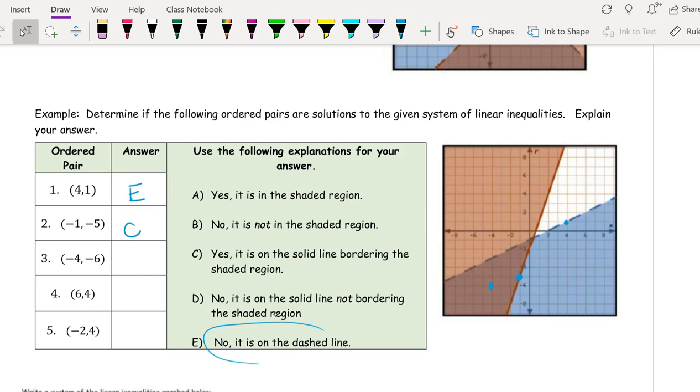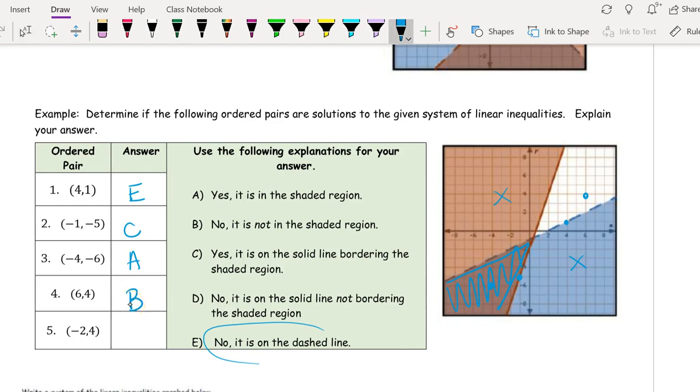Negative 4, negative 6. So here we are down here. Now it's kind of hard to see, but this is the first graph. This is the second graph in blue. This is the overlapping region. So we're talking about points in that area. That is in the shaded region. So that would be A. 6, 4 is not in the shaded region.